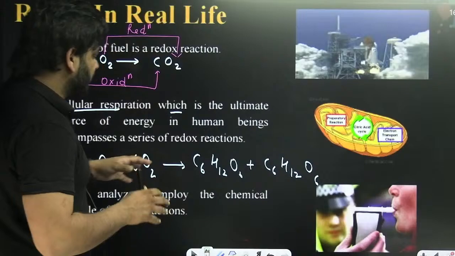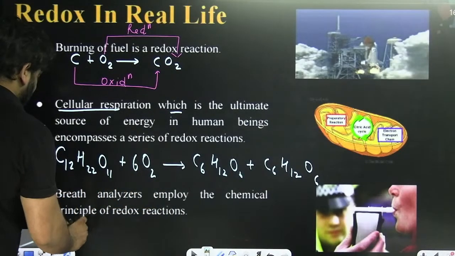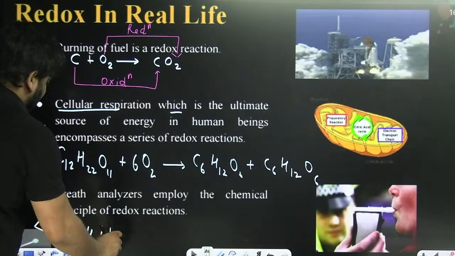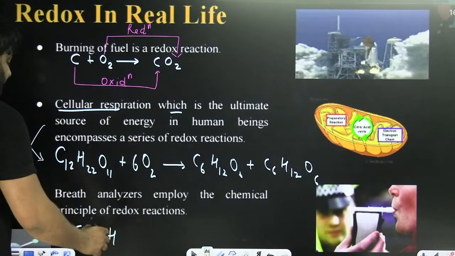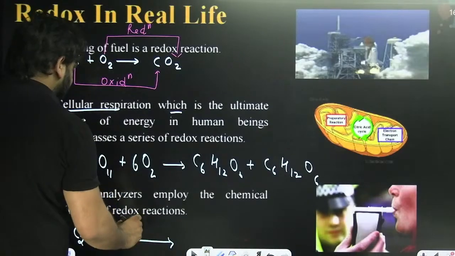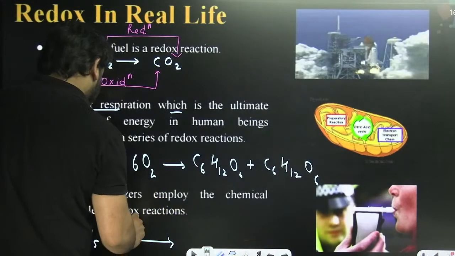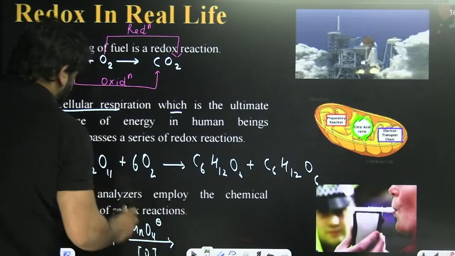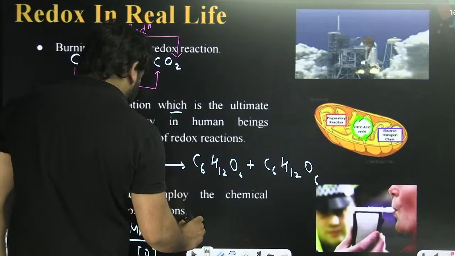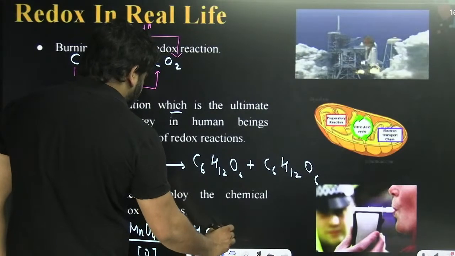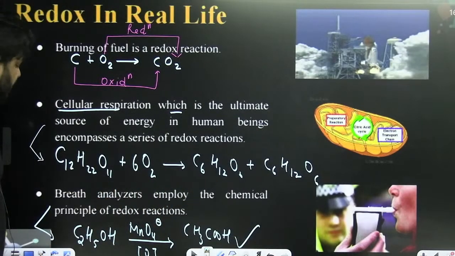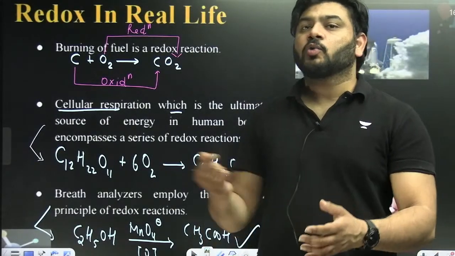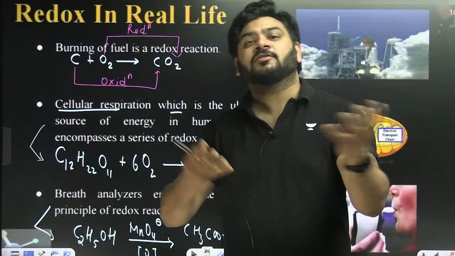There is a chemical substance called ethanol present in alcoholic beverages consumed by a person, and it undergoes oxidation in the presence of permanganate ion as an oxidizing agent, which oxidizes this molecule to CH3COOH, ethanoic acid. Using this reaction they calculate the amount of vapors formed, and they conclude how much alcohol has been consumed by the person.